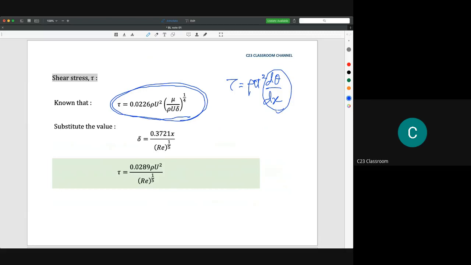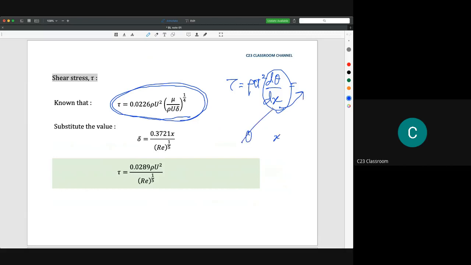If you want to use it, it is okay, but you need to do the integral first. You need to bring the x to the left side, and then you need to integrate both sides to get the value of theta in terms of x.